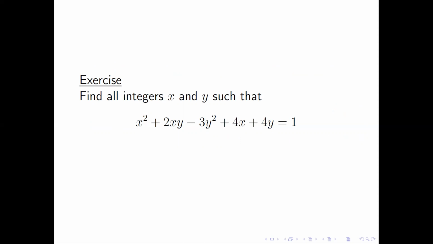Exercise: find all integers x and y such that x squared plus 2xy minus 3y squared plus 4x plus 4y equals 1. I switched the sign of the y squared term. This time, the equation is no longer elliptic. We can check.